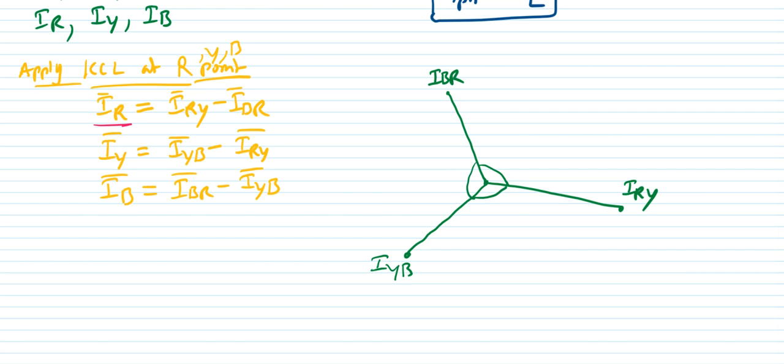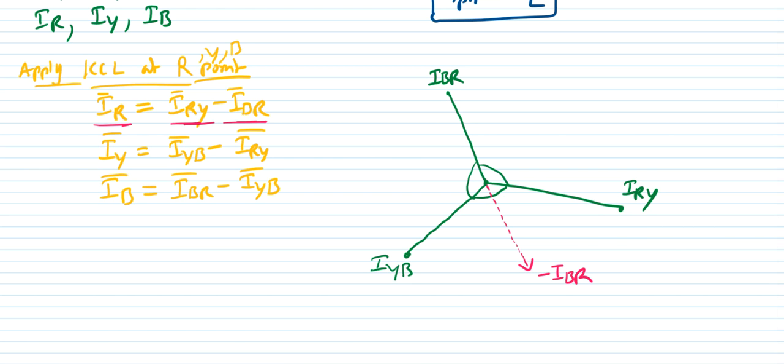Now I want to write this line current in terms of the phase currents. IRY minus IBR: I shift the vector IBR by 180 degrees to the opposite direction, which defines minus IBR.